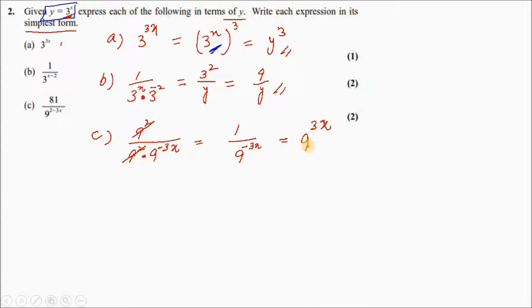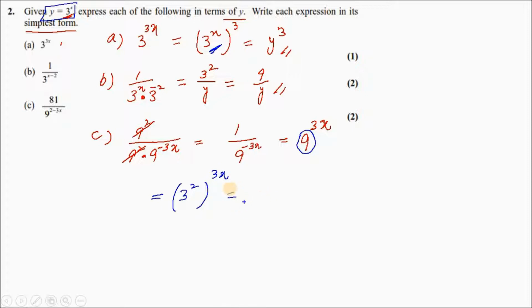And then every expression should be in terms of 3 to the power x, so we need 3 as a base here. So I can write this 9 as 3 square. Over 9 we have 3x.